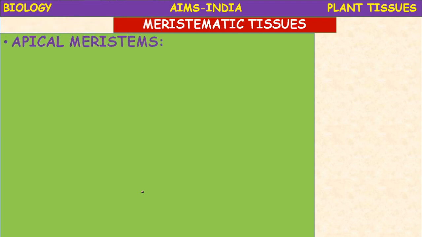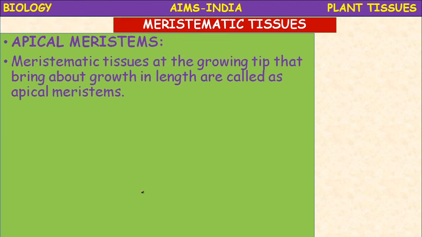Meristematic tissue, apical meristems. The meristematic tissues at growing tip that bring about growth in length are called apical meristems. What are apical meristems?